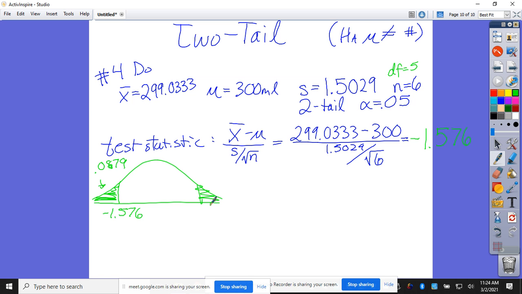And that's the only difference with a two-tail: you find it, but then you want it on both sides. So your p-value, and I usually write it showing that I do times 2, so when I look it up, I get this number, so 2 times 0.0879, which gives me 0.1758 as my p-value.